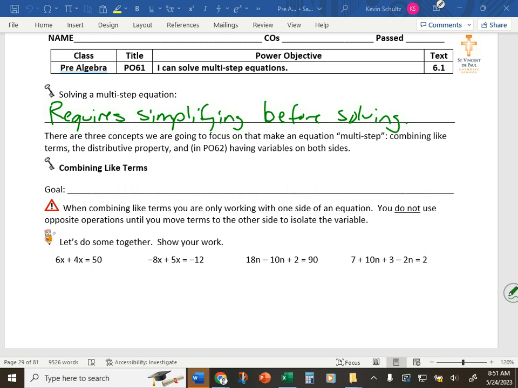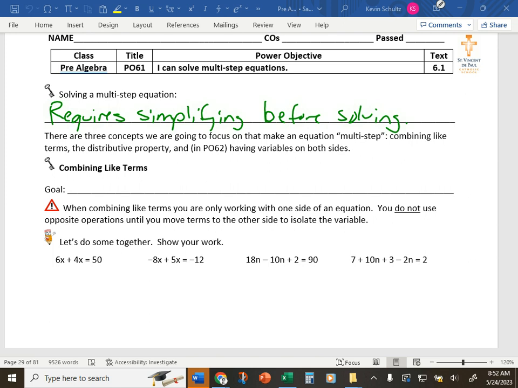A multi-step equation requires simplifying before solving. Now, you've solved one-step equations before. You've solved two-step equations before. Once you simplify, it's going to give you a one-step equation to solve or a two-step equation to solve, okay? And simplifying, what are the two things that we learned about on how you simplify an expression?